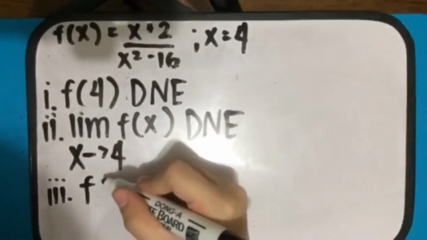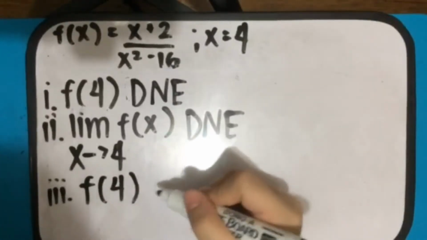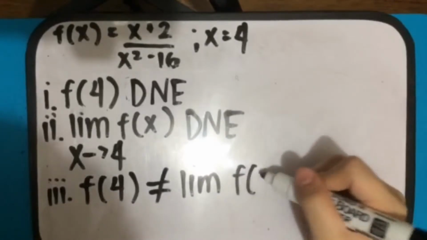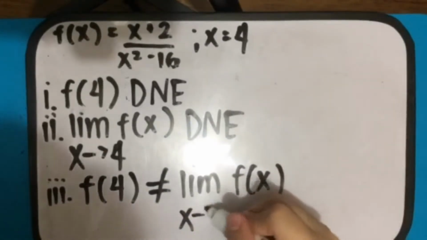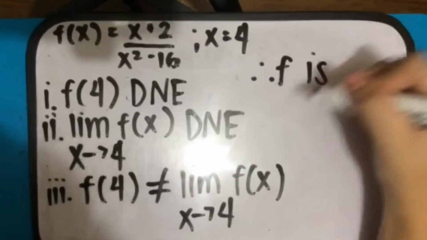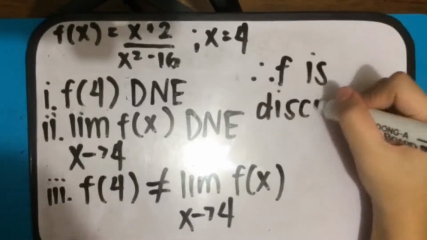The function f of 4 is not equal to the limit of f of x as x approaches 4. Therefore, f is discontinuous at x is equal to 4.